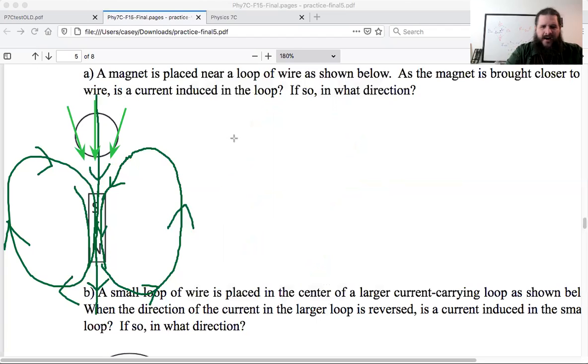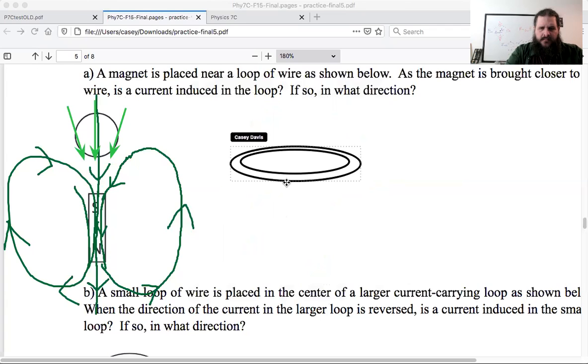We've got this loop of wire oriented more flat. So this sort of shape. Again, imagine this thicker end is closer to you and this narrower end. I mean, it looks thicker because it's closer to you, and this end looks narrower because it's further from you.